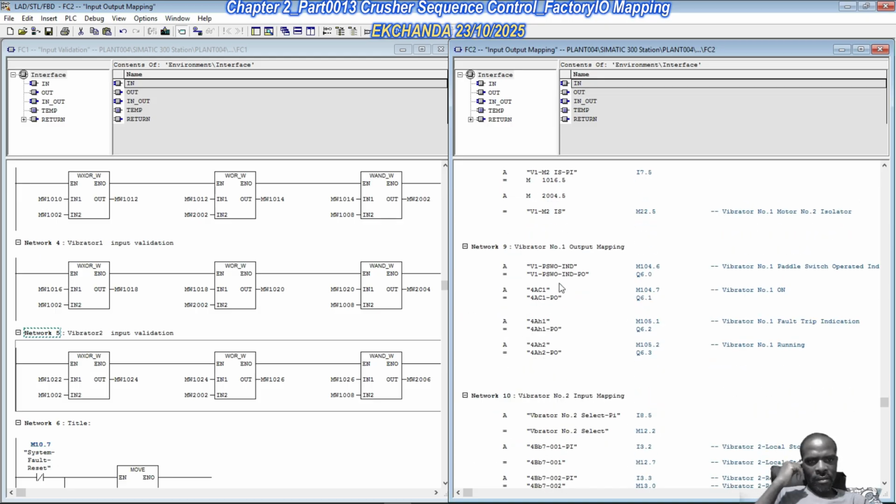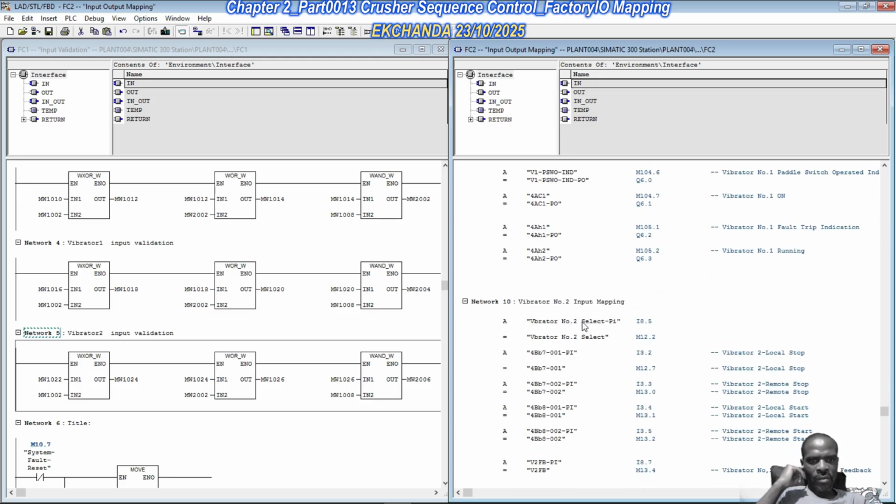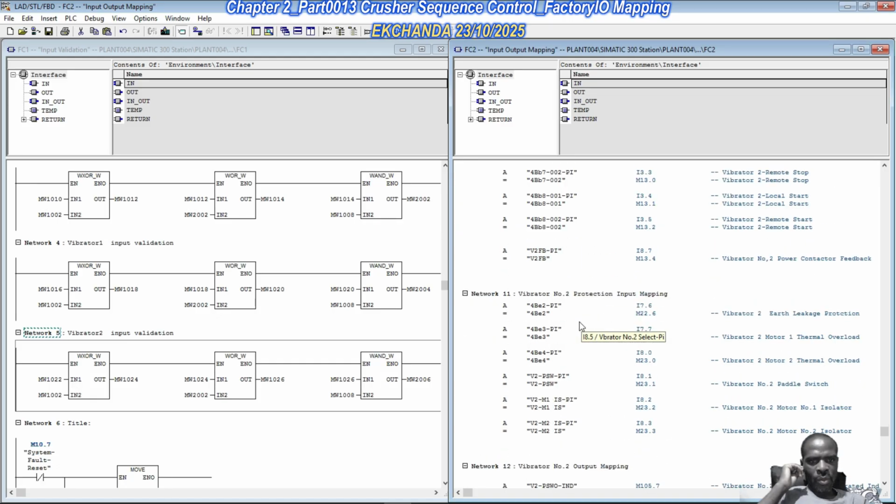And then we go to vibrator 2 protection input mapping. For vibrator 2 input validation, the first memory bit is memory bit 1022.0.